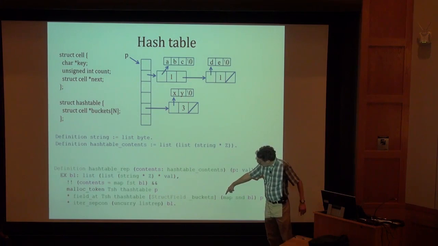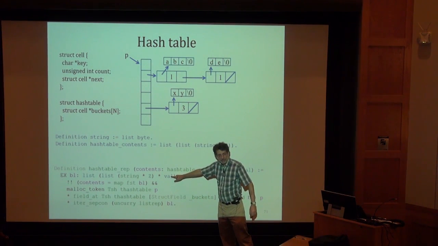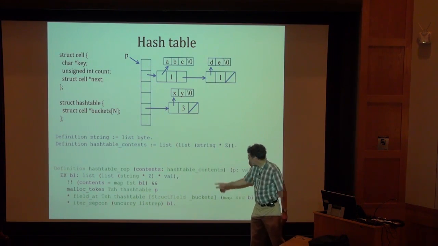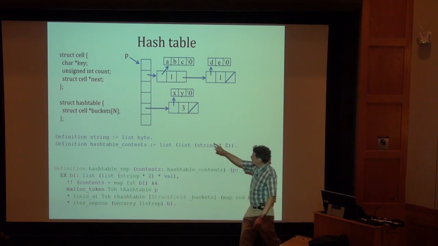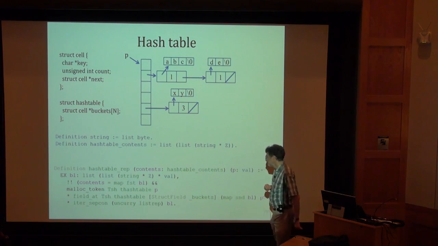So the map second of BL is this list of addresses. So in each bucket, the address is the second component, and we use it here to say it's found in this slot of the array.